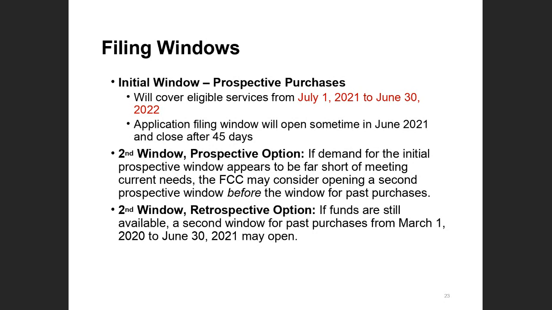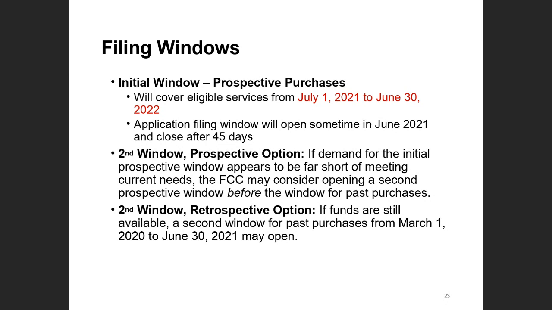Now, after this initial window, assuming that there's any funding still left, we have two options for the second window. If the FCC thinks that the demand was lower than it should have been, they may open a second window for prospective purchases. But they may instead just go on to a window for retrospective purchases.